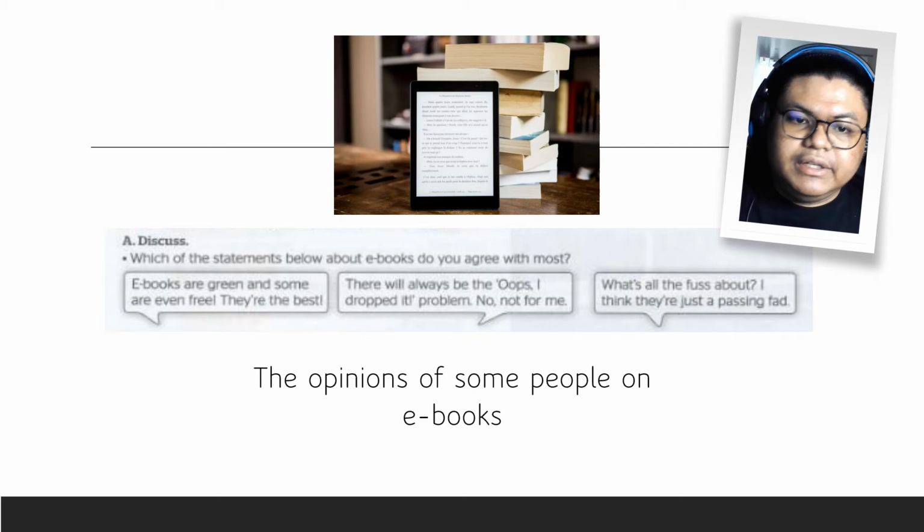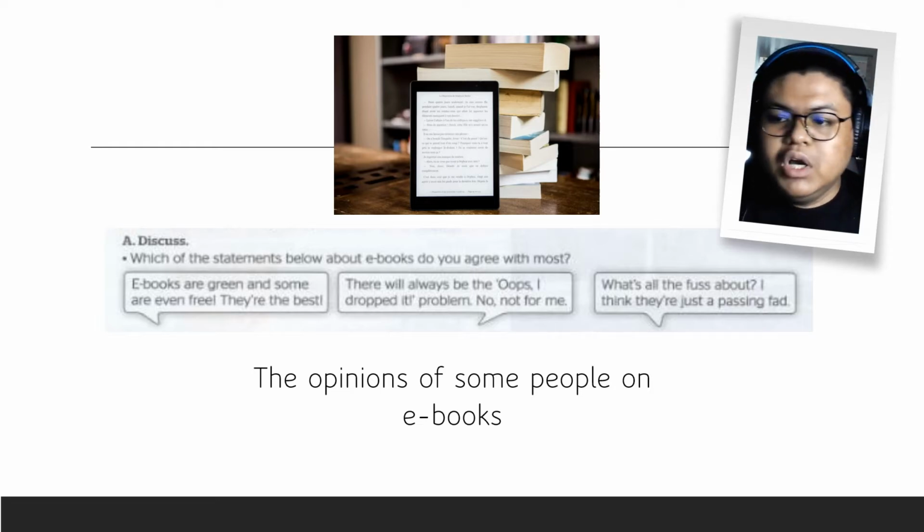Okay, and for the third opinion, what's all the fuss about? Okay, I think they are just a passing fad. Okay, so the third opinion. All of these opinions are not the same. Okay, it brings a different meaning, because the person who said it has a different view on the matter of ebooks.